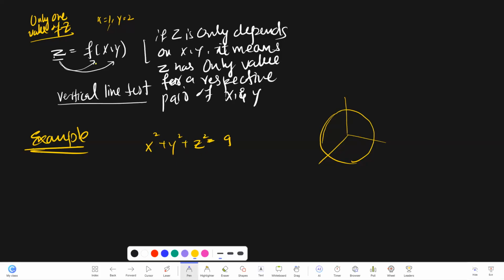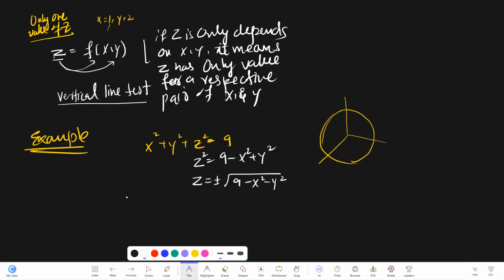I want the function of z, so I rearrange this equation, and it looks like this now: z squared equals 9 minus x squared minus y squared. If I want to get rid of this z squared, I'm going to say z equals plus or minus the square root of 9 minus x squared minus y squared.